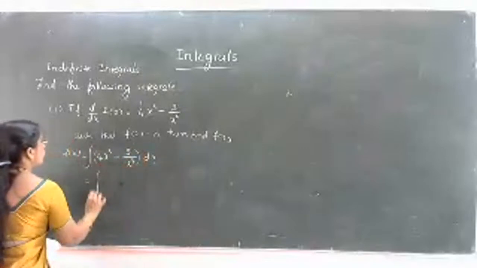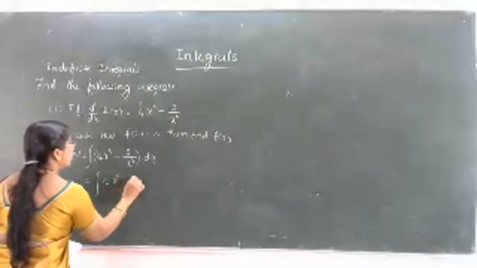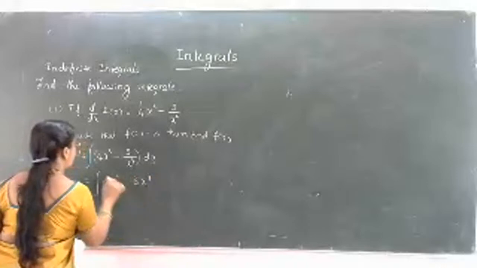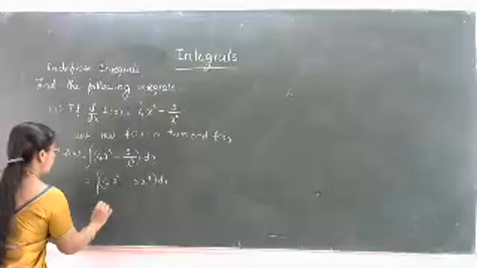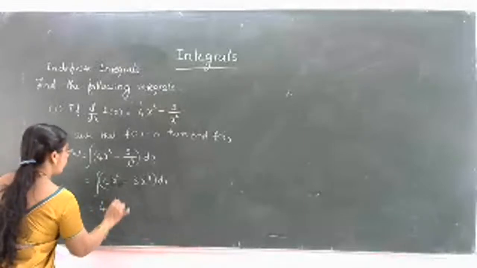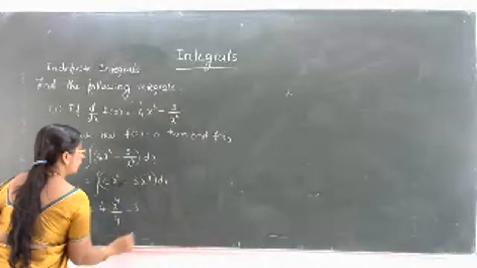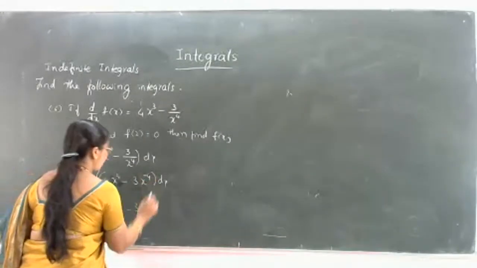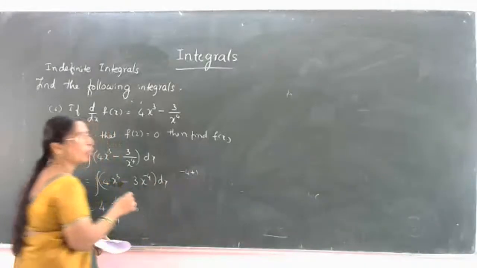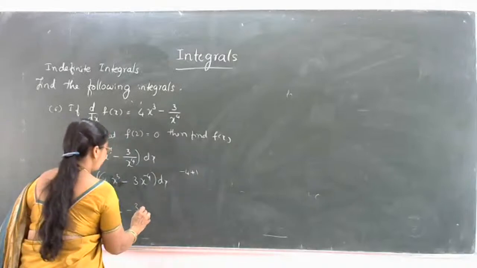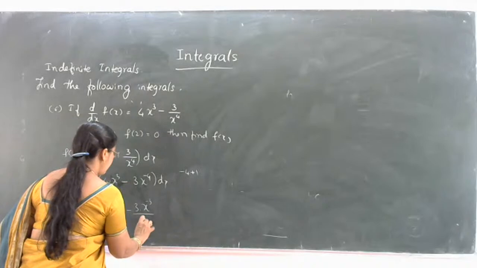Here 4x cube minus 3 into x to the power minus 4 dx is equal to 4 into x to the power 4 by 4 minus 3 into x to the power minus 4 plus 1. It becomes minus 3. Therefore, x to the power minus 3 divided by minus 3.